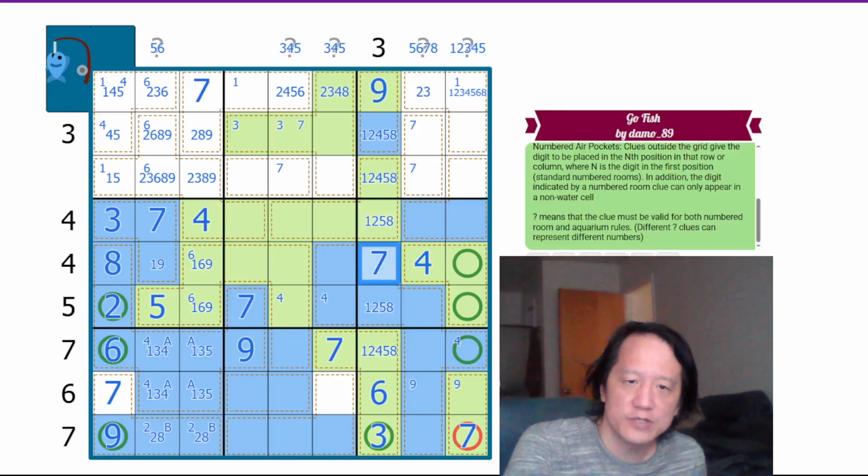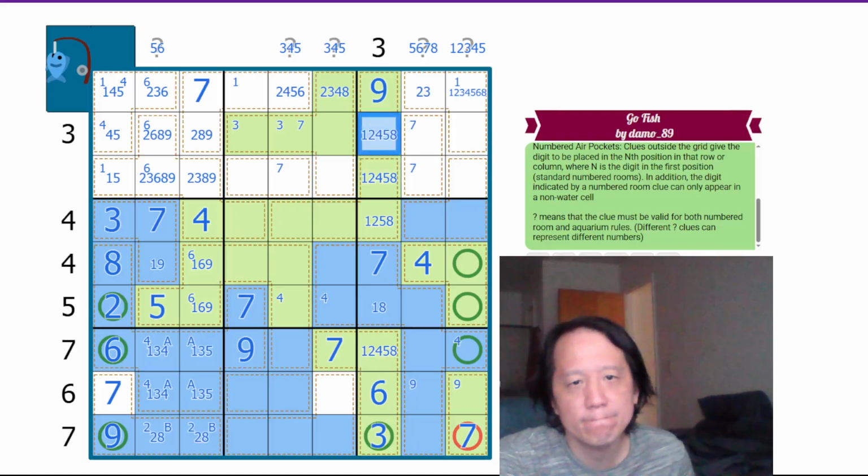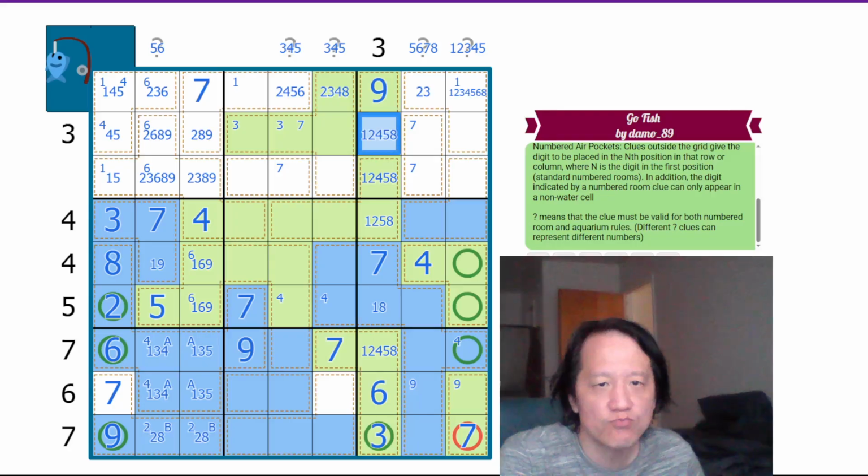Obviously no 4s here because 4 in the box. No 2 or 5 here because of 2 or 5 in the row. Has to be 5, 6, 7, or 8 in one of these cells.